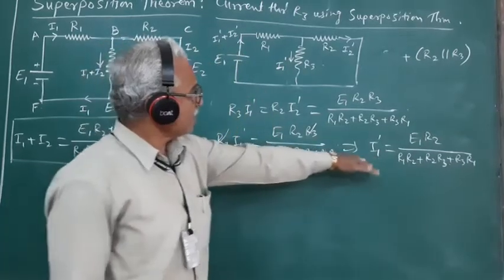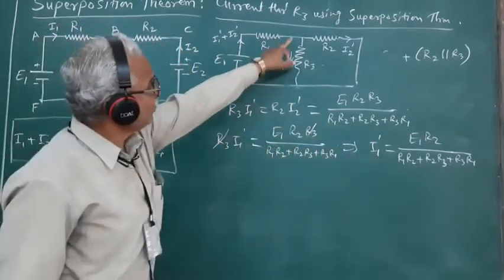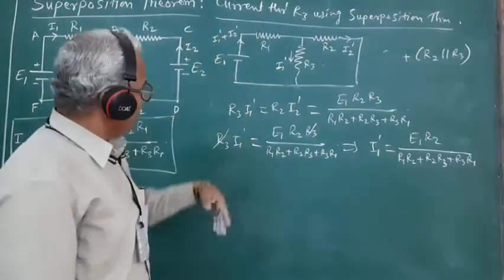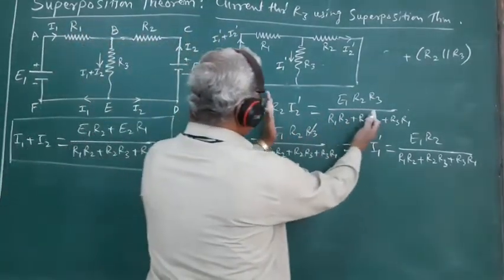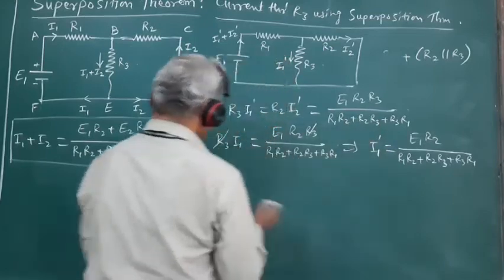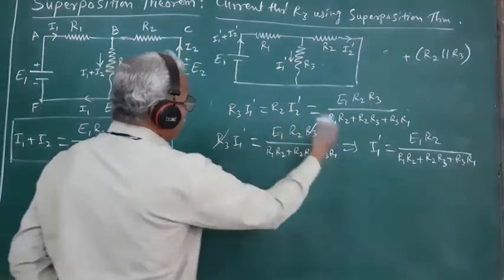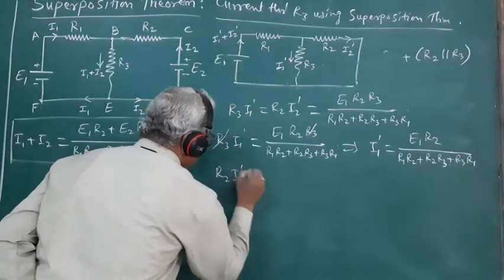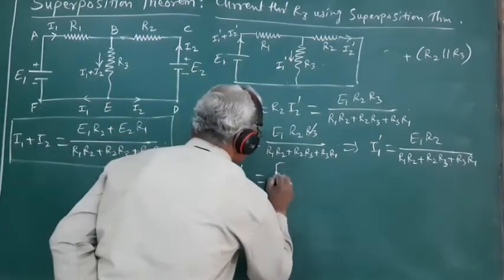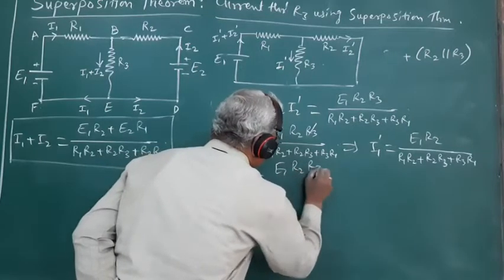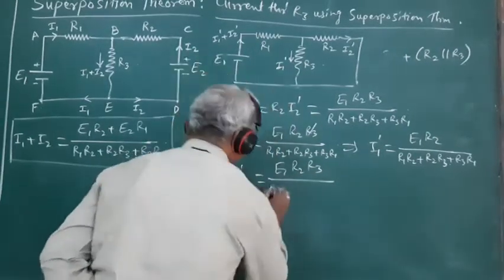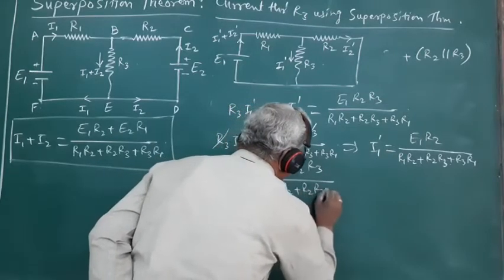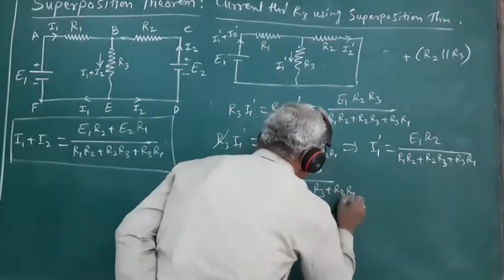So this is the current I1 prime that flows through R3 only due to E1. And similarly, by equating these two terms, we can obtain the expression for I2 prime. So R2 I2 prime is equal to E1 R2 R3 divided by R1 R2 plus R2 R3 plus R3 R1.